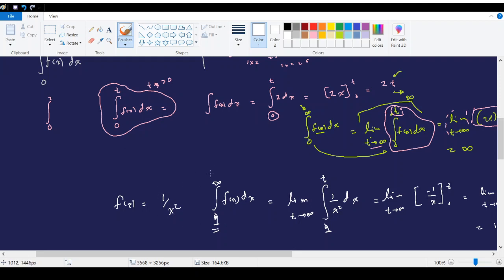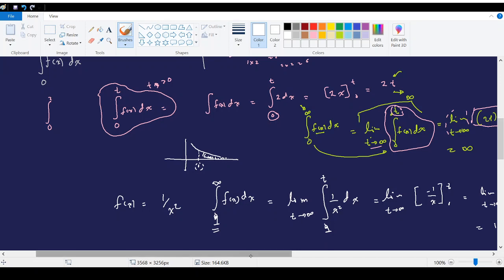So basically what we do is we consider the graph of this function and then take the area starting from 1 and towards infinity, right? So we just compute the area under this graph starting with 1. That's why we choose 1 as the lower limit.